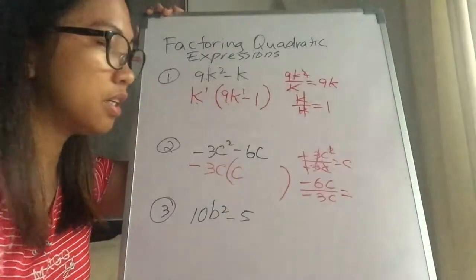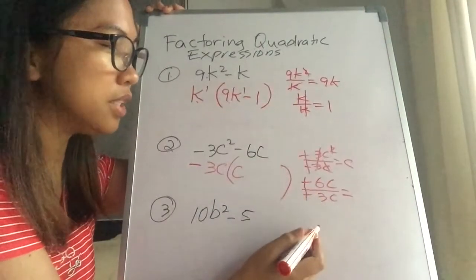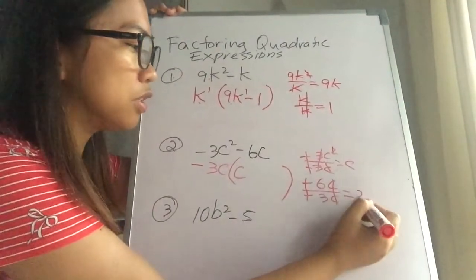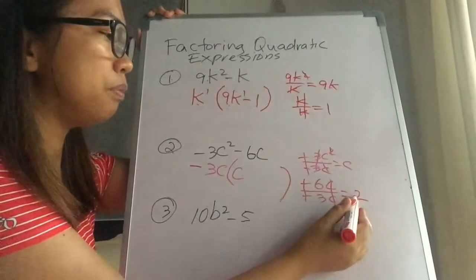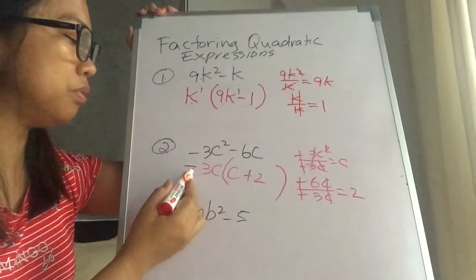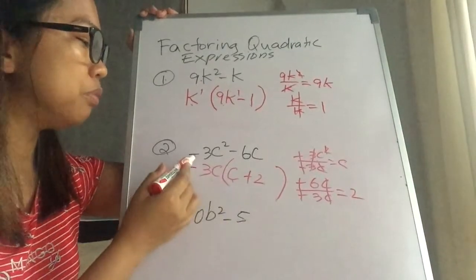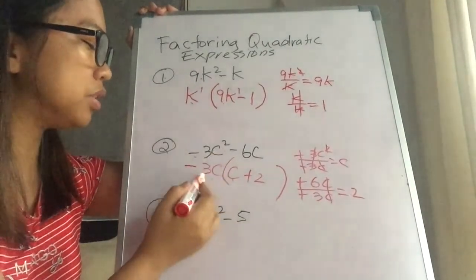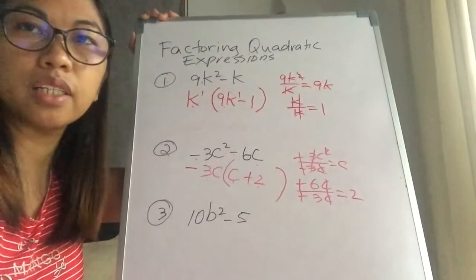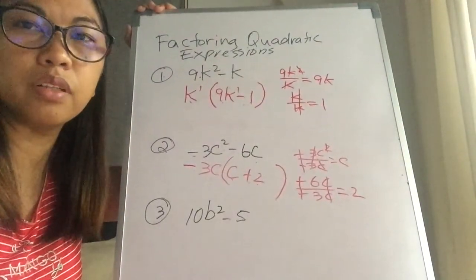What remains? The minus and minus cancel, c and c cancel, 6 divided by 3 is 2. So, positive 2. If you check, minus 3c times c is minus 3c squared, and minus 3c times positive 2 is minus 6c. That is how simple it is.